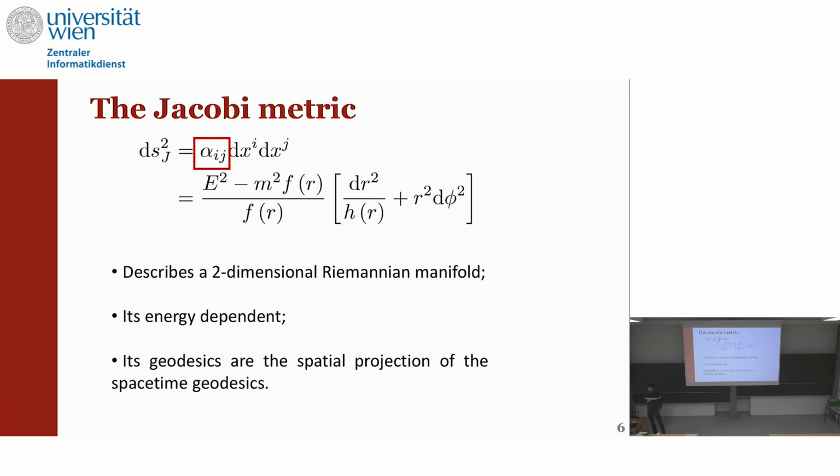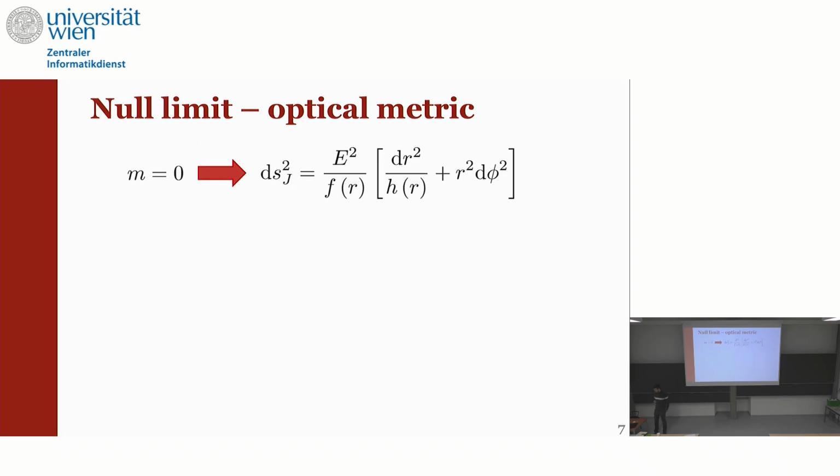So now we can use this two-dimensional manifold to study the motion on a higher dimensional Lorentzian manifold, if we have these two Killing vector fields, at least. This is very well known in the null limit, and has been used several times. In the null limit, the energy is just a conformal factor, which we can rescale, so we can set the energy to 1.